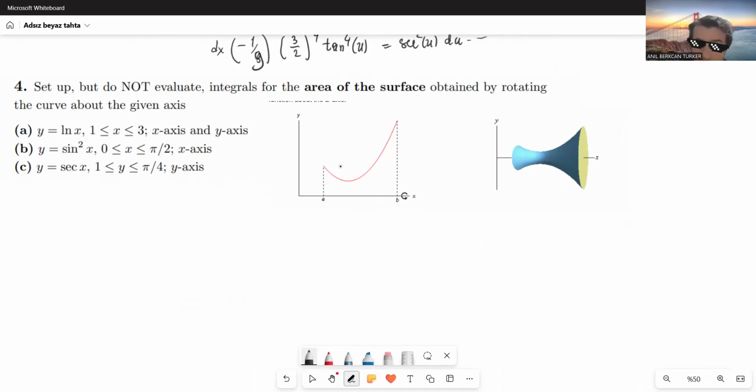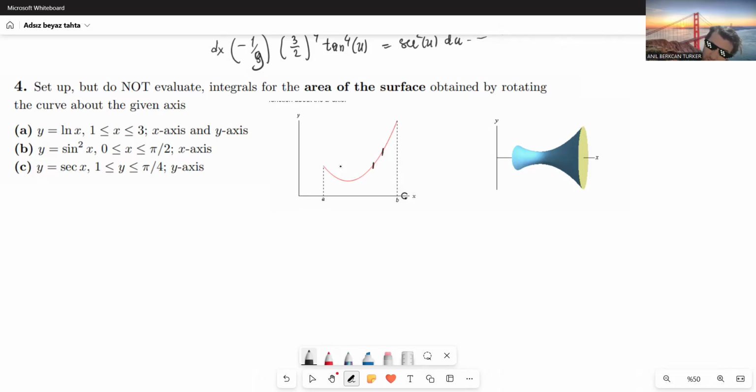Anyway, so how do we find this setup, but do not calculate. I'm just going to teach the intuition, because you can also formalize it. When you rotate a part of the curve, right?